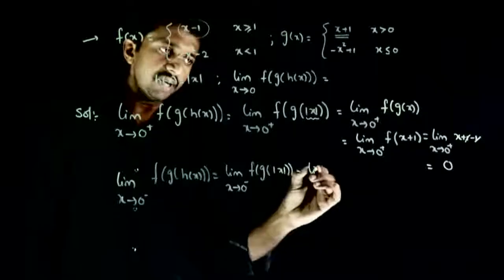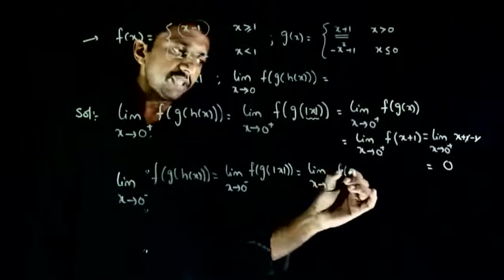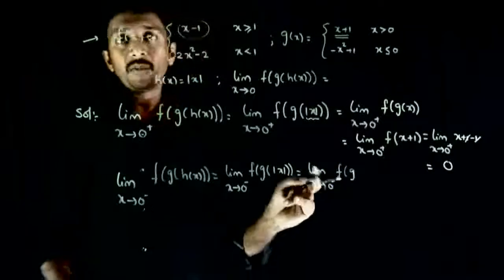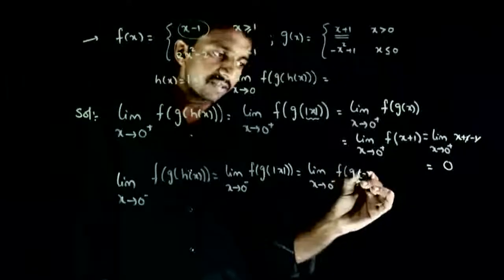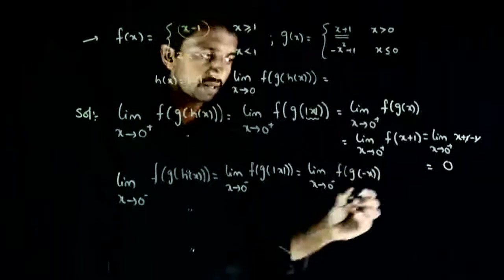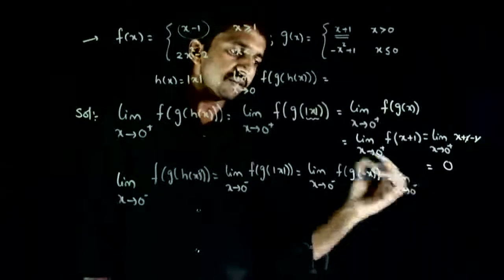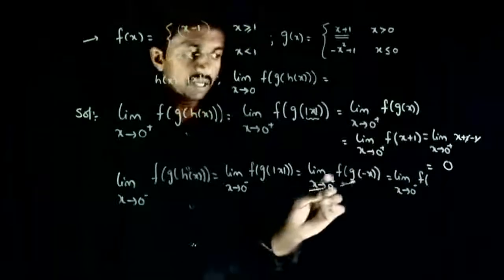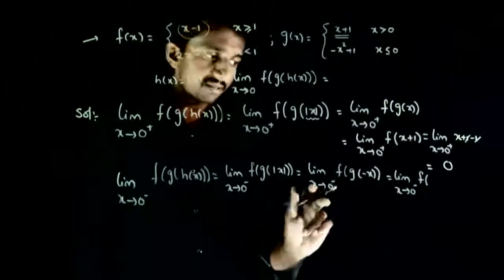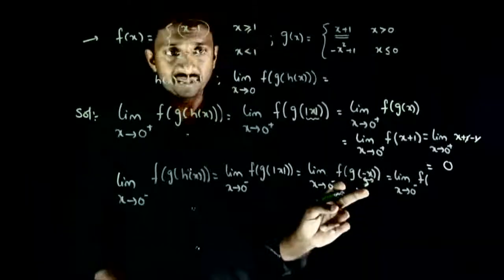That is equal to limit x tends to 0 minus f of g of, अगर x 0 minus में है, that is x is negative, so mod x क्या होगा? minus x होगा. So that is equal to limit x tends to 0 minus f of g of minus x. So as x tends to 0 minus, x कहाँ जाएगा? minus x tends to 0 plus.